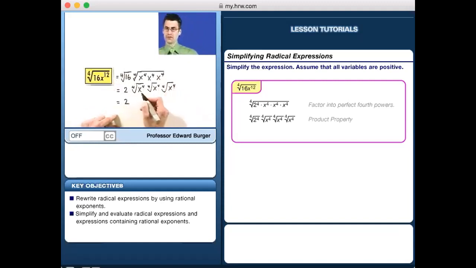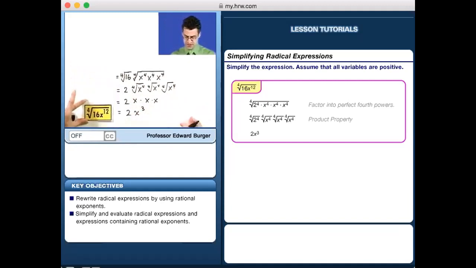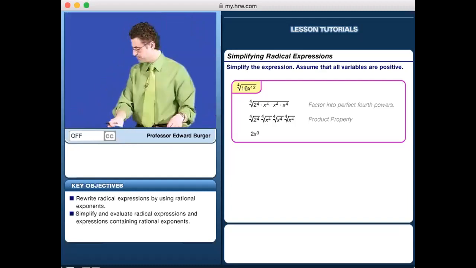What's the fourth root of x to the 4th? That's just x, because x raised to the 4th power equals the thing inside the fourth root. So I have x times x times x, and that equals 2 times x cubed. So I could simplify this complicated expression to just 2 times x cubed. Neat. Let's try the next one.